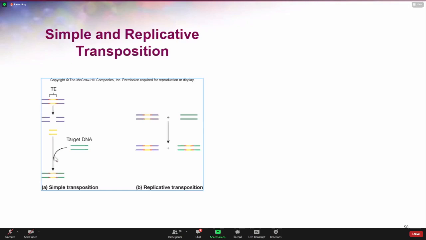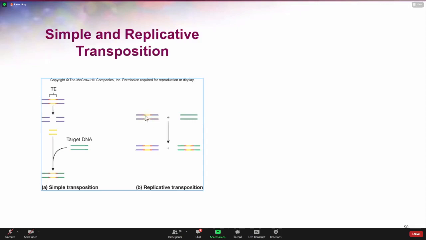And when it moves into the new site, it could move into the middle of a coding region and it could introduce a mutation there. Okay, there is another method which we refer to as the replicative method. In replicative transposition, you're going to have replicases.